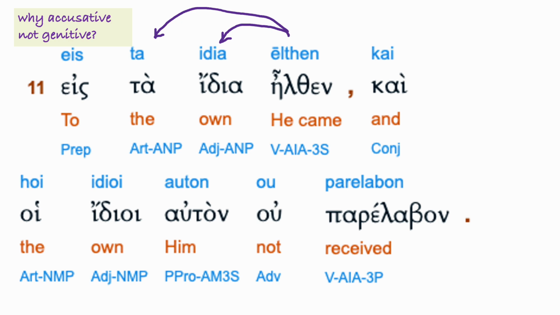Now this time, his own, we have a definite article hoi, and the word for own is idioi, which we get idiosyncratic and idiotic and words like that from. His own didn't receive him. The verb at the end to receive is paralabon. Now this time, his own have gone into the nominative because they're doing the verb, the receiving bit.